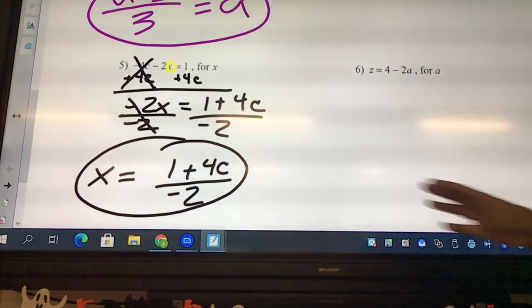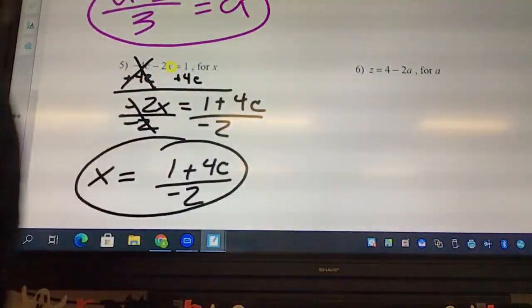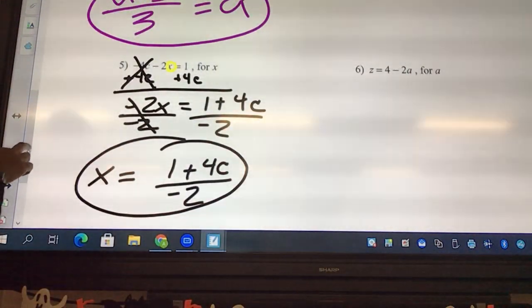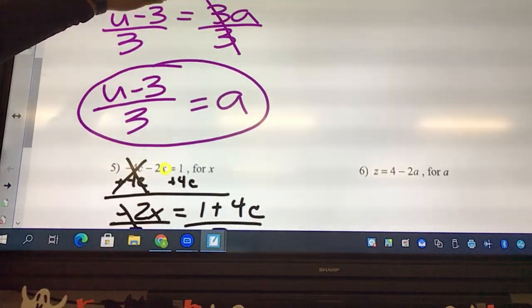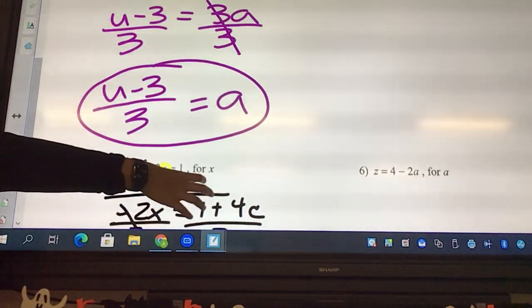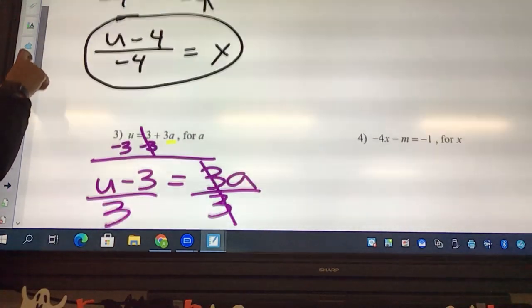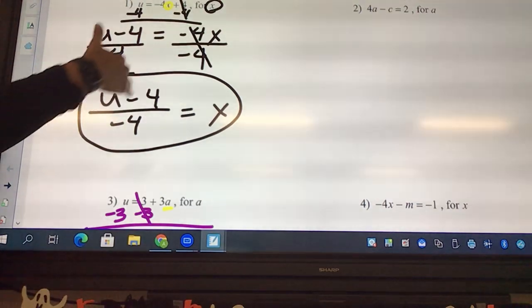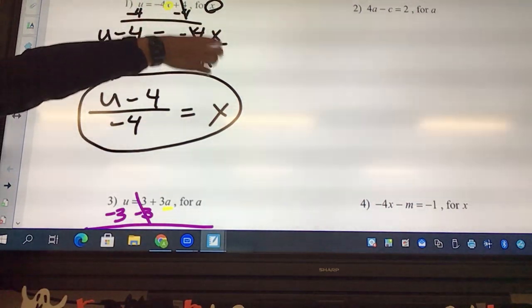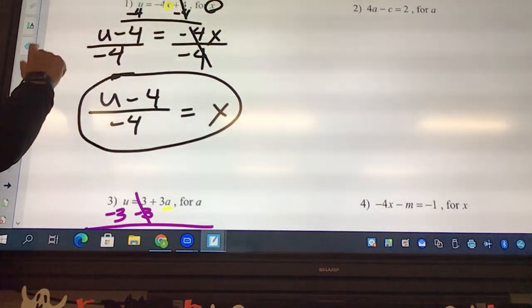Okay, I want you to just take a second before you flip your page and really look at the front page. Here we said minus 3 first. Here we said plus 4c first. Here we said minus 4 first. And then our last step was to divide by whatever we had next to the variable: in this case negative 4, we said divide by negative 4.